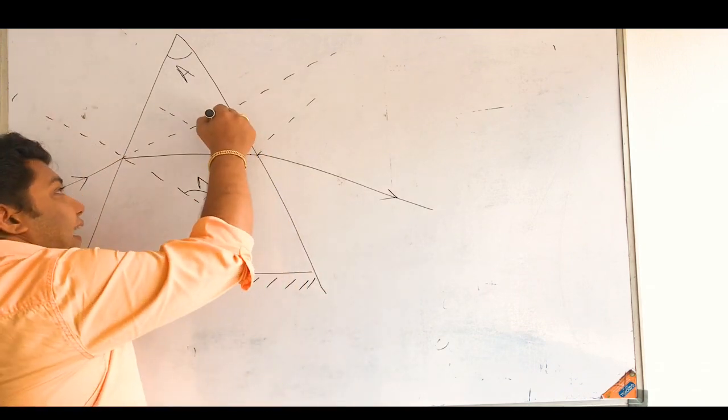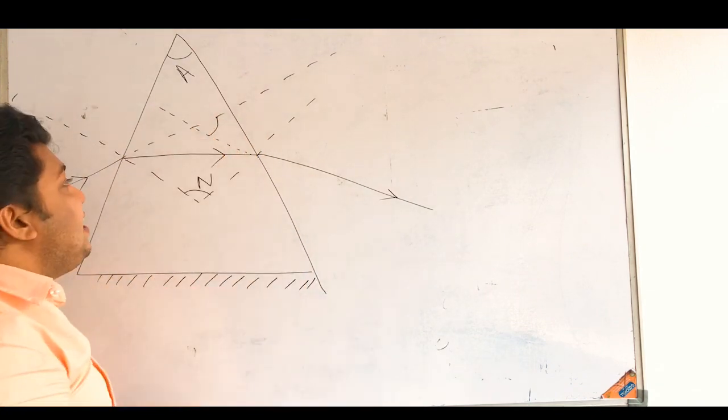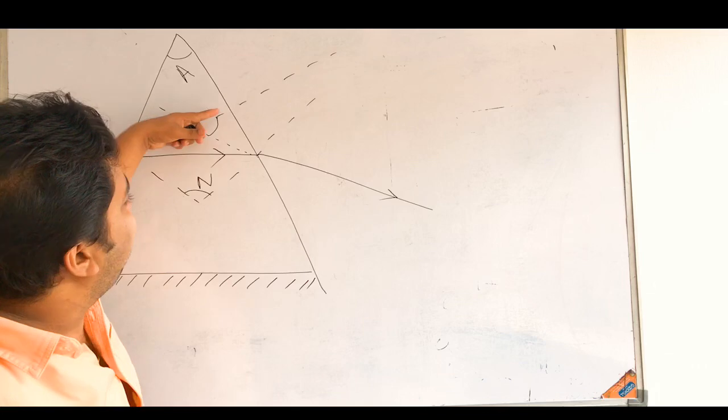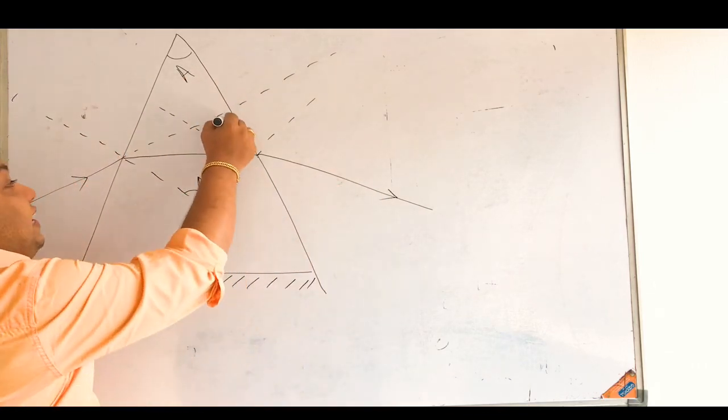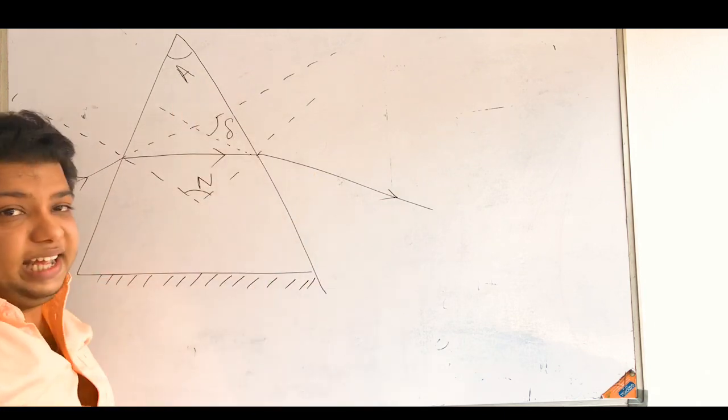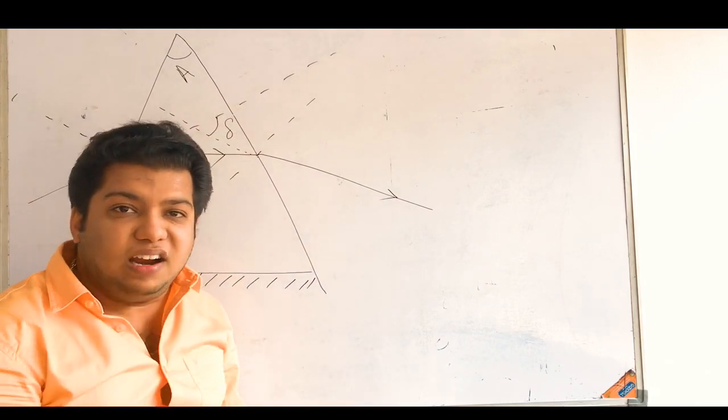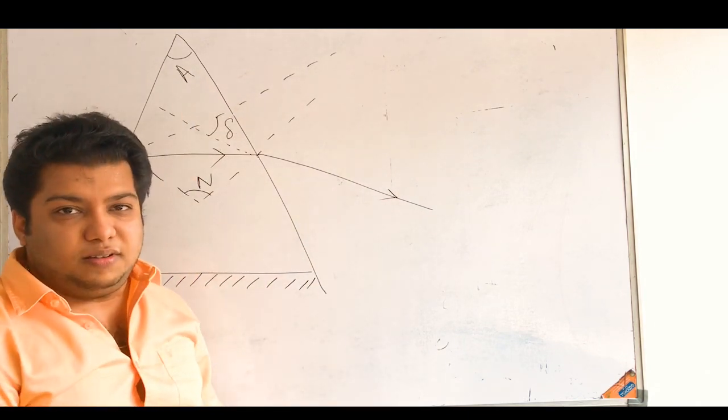Therefore, this angle made by the incident ray and the emergent ray is called delta, where delta is called the angle of deviation.